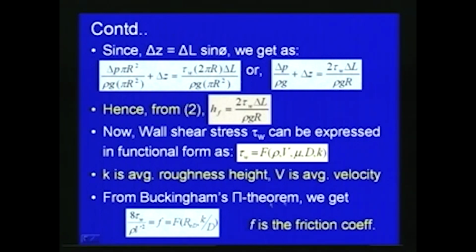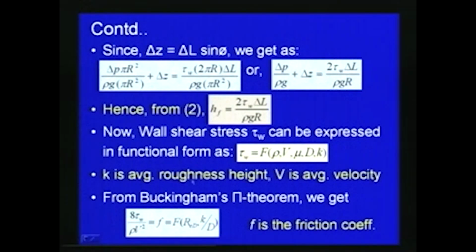From Buckingham's pi theorem we get 8 tau w by rho v square as a function of Reynolds number and k by d, where k is the average roughness height and d is the diameter of the pipe, and this is equal to f, where f is the friction coefficient. We can show that 8 tau w by rho v square is the friction coefficient as far as pipe flow is concerned.